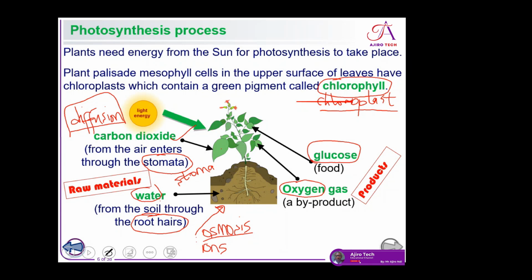So the only time carbon dioxide is entering the leaf is during photosynthesis. Now, let's get it right that respiration is a process that happens at all times, in plants and in animals.